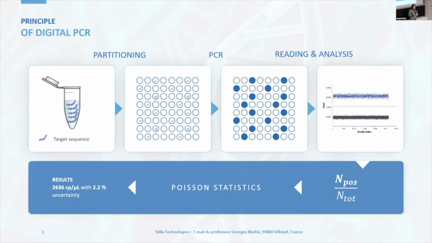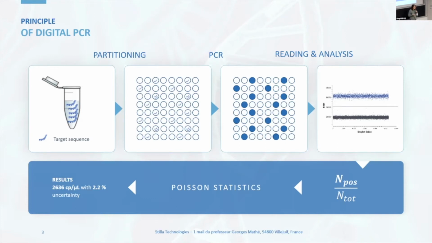Then each compartment will act as an individual reactor where PCR takes place if the target, or at least one target of interest, is present in it. And in the end, it will lead to an endpoint fluorescent signal.